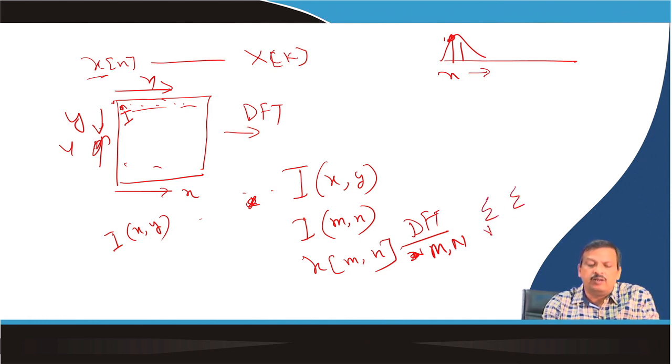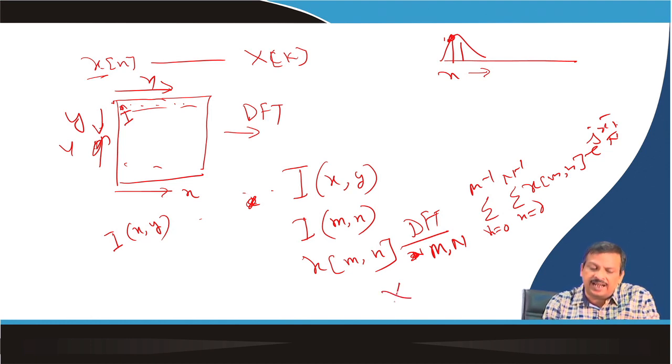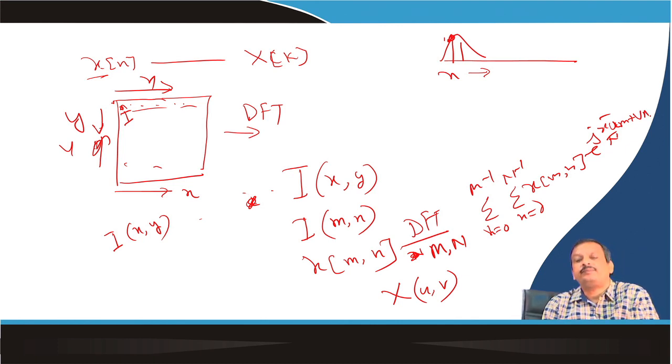One is m varies from 0 to M minus 1 and n equal to 0 to N minus 1, and then your signal x of m, n into e to the power minus j 2 pi by N. When I say the DFT, instead of k there will be two indices u and v. So, I can say u times m plus v times n divided by N.